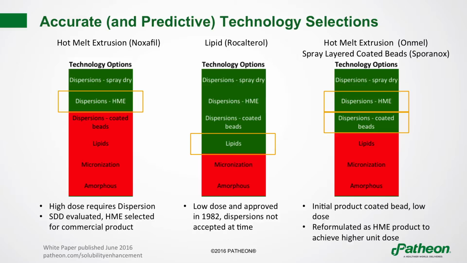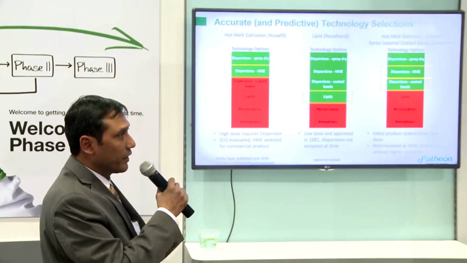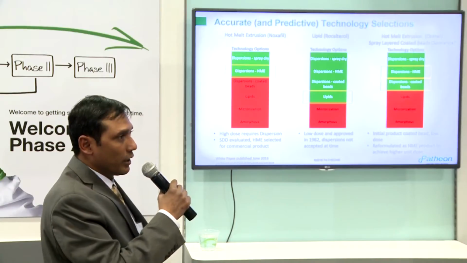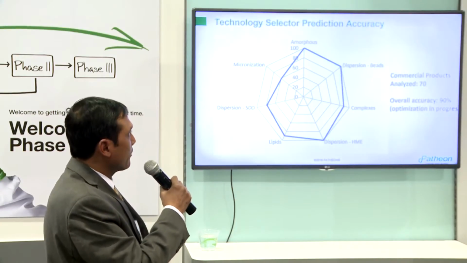And indeed, Sporanox, the commercial product from Janssen, is a coated bead product. The next generation of that was Onmel, which is a hot melt extruded product. So we successfully predicted that compounds with similar log P and log S can have different routes to commercialization. It all depends on the factors I mentioned earlier and what we input into the model.